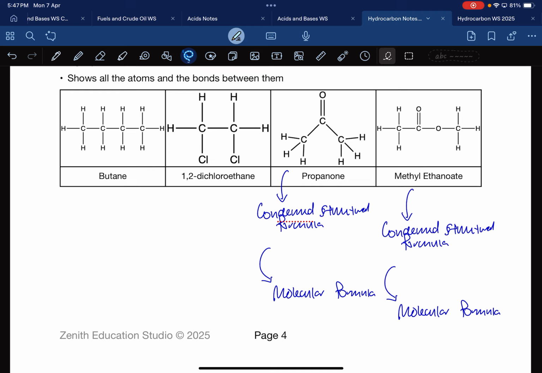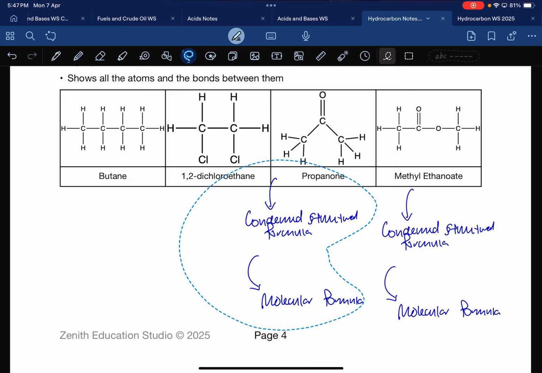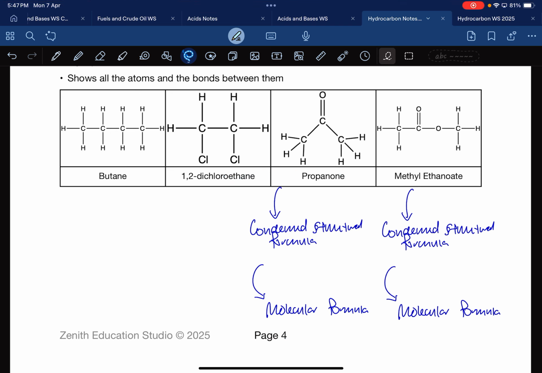Give it a shot. Remember what your condensed structural formula does?